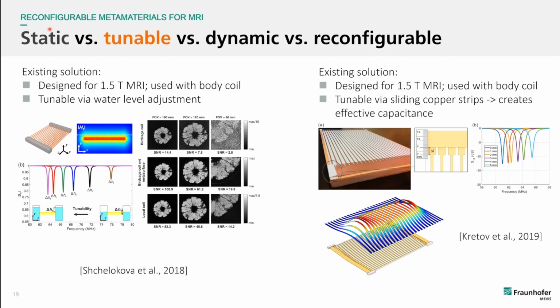Another approach, and I hope you can see this, is by using some metal stripes in here, which can be moved. They have this metal stripe which can just be moved over those elements here, changing again the capacitance. And with this, it's a relatively elegant way of retuning your metamaterial by just sliding copper strips across your resonance structures.